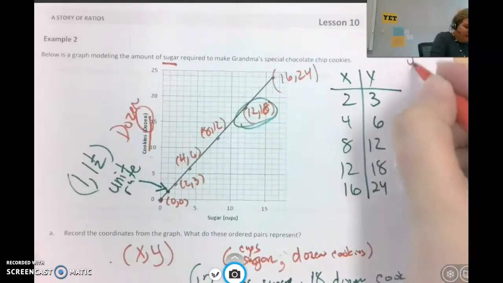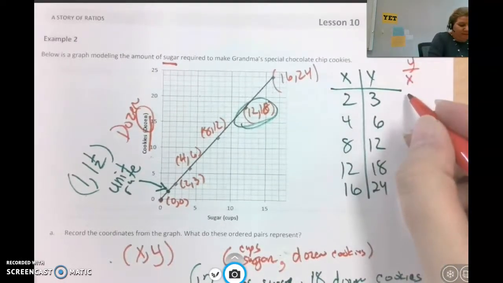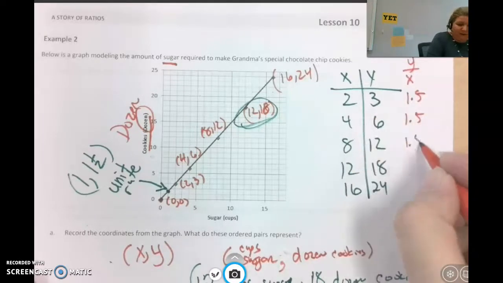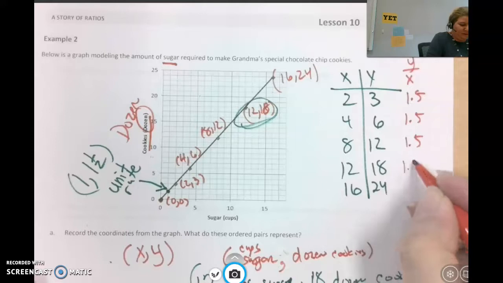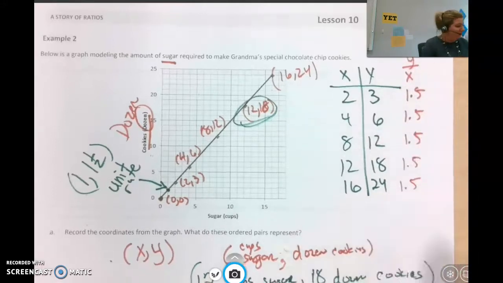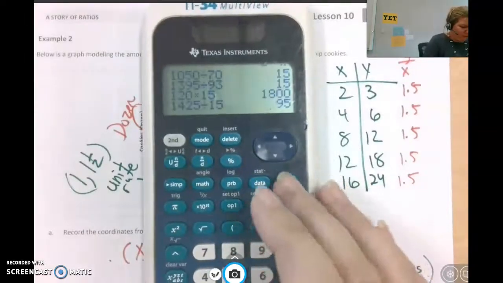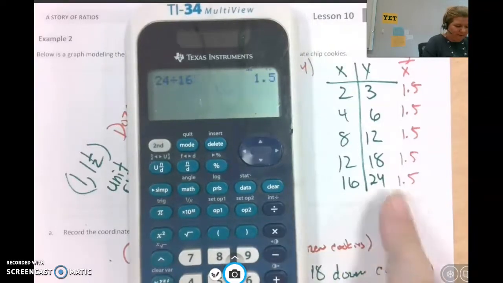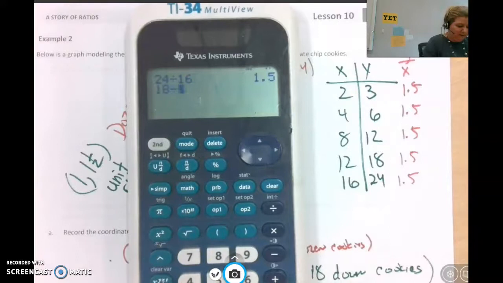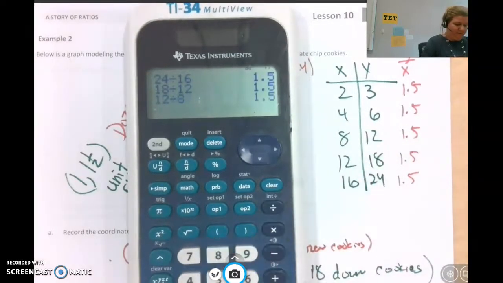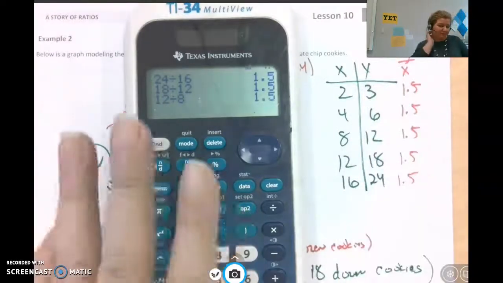Each time I divide y by x, and I can use my calculator if I choose, it comes out to be 1.5. If you don't know these facts, just work it out. 24 divided by 16, 18 divided by 12, 12 divided by 8. Each time it's 1.5.